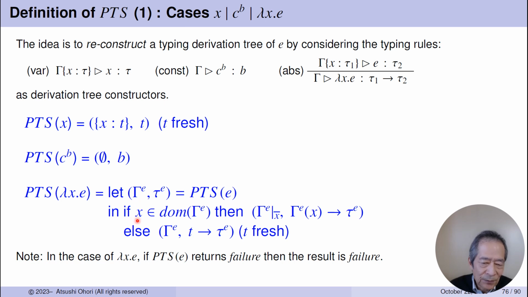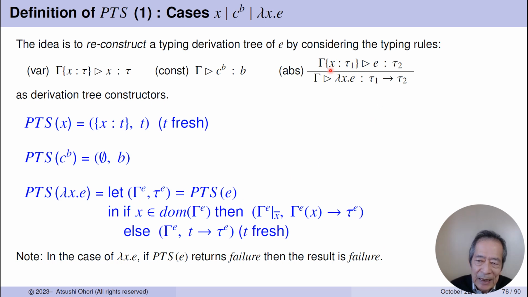There is another case where x is not in gamma E, that is, the type environment part of the principal typing of E. In this case, x colon tau 1 is arbitrary, x is not used inside of E, so x is added to the principal typing of E. In this case, you return gamma E itself, and the function's return type is the type of E, but the domain type is anything, right?